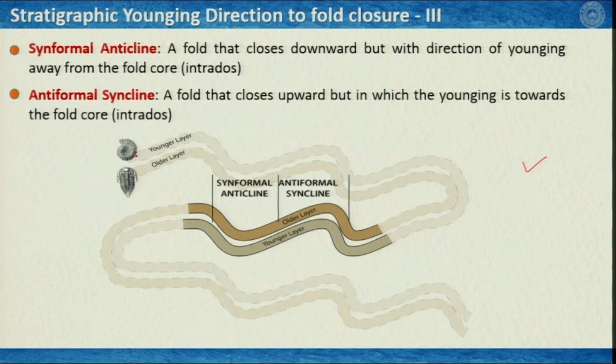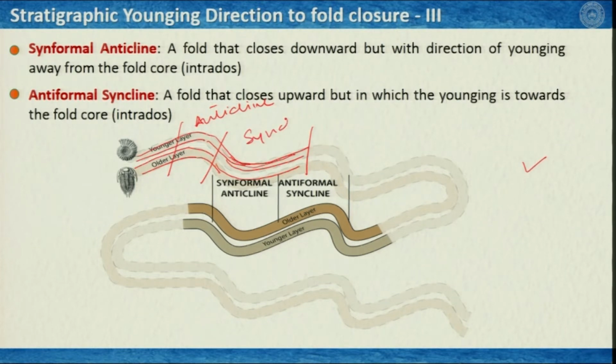So you can imagine that this is your younging layer here, going here, defined by this ammonite fossil, and this is the older layer. So if I see in this section, which is a little faded, clearly this is an anticline, and in the next segment, the younging layer is at the core, and the older layer is outside, away from the core, and this fold is a synform, so this is a syncline, no problem.